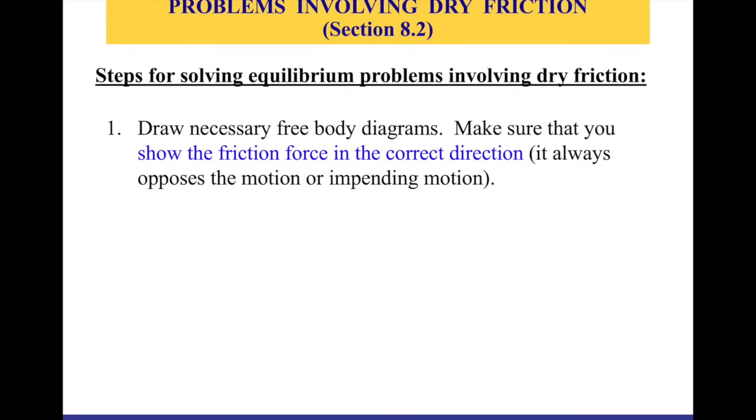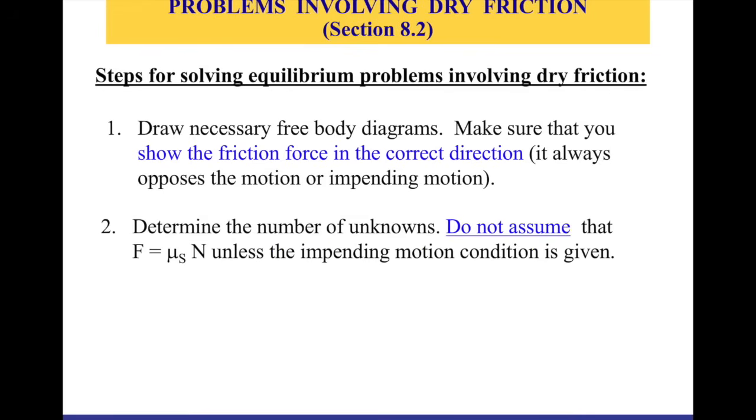So we are going to look very carefully at how we place the friction force and add it to our free body diagram. We want to make sure that we show the friction force in the correct direction, which is always opposite to the motion or impending motion.